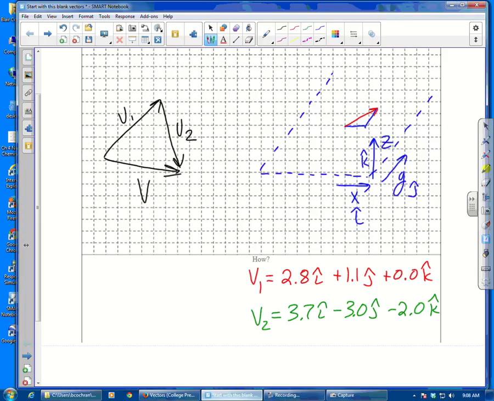My v2 looks a little more complicated. It goes 3.7 in the x. Oh, and these should all have arrows on them, right? Sorry, me being delinquent. Negative 3.0 in the j, so that means down this way. And then negative 2 in the k, which means it goes down this way.